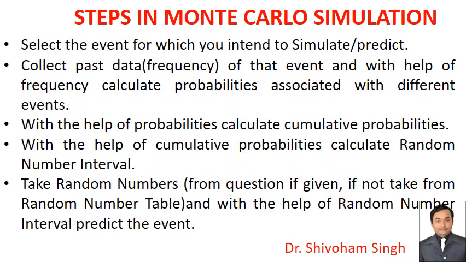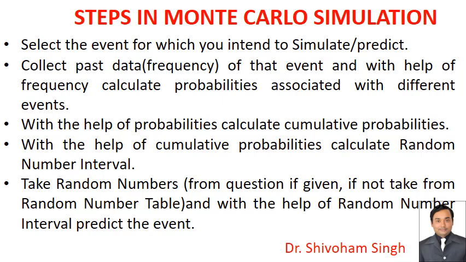We can briefly divide the steps of Monte Carlo simulation into five phases. In the first phase, we have to select the event for which we have to make a prediction, or for which we have to simulate.